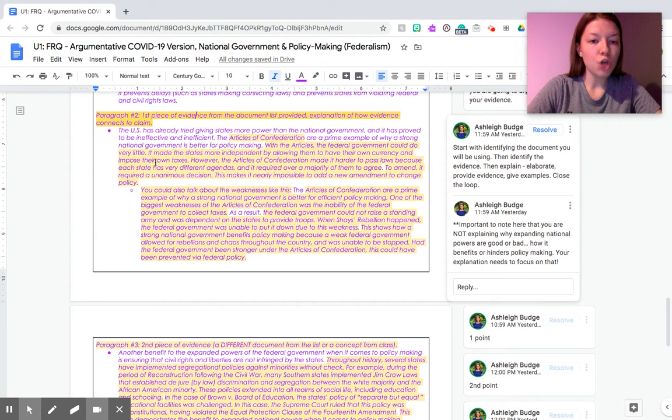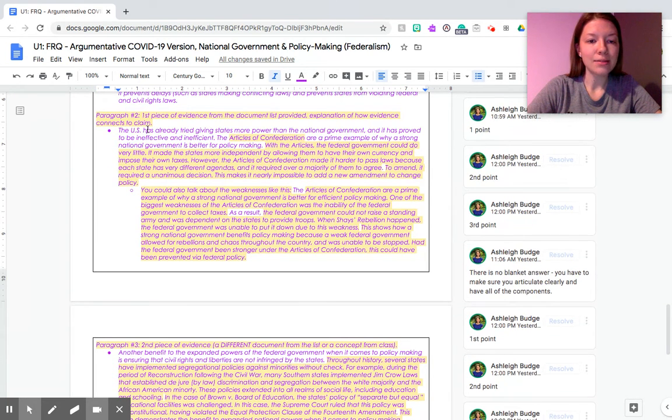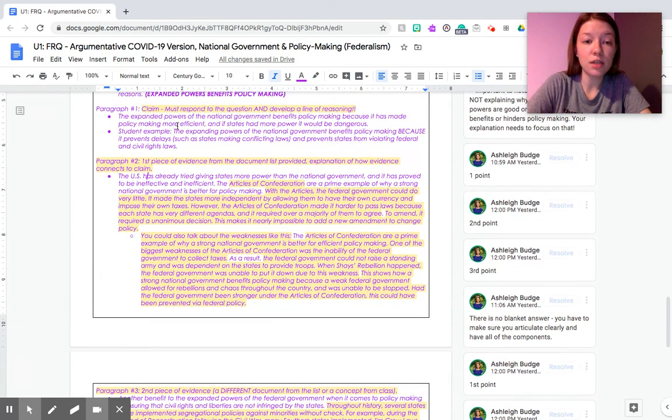Let's take a look at a sample paragraph that includes the first piece of evidence from the document list. I went with the Articles of Confederation. I started off by saying the U.S. has already tried giving states more power than the national government, and it has proved to be ineffective and inefficient. What I just did there was I kind of connected it to my claim, right?